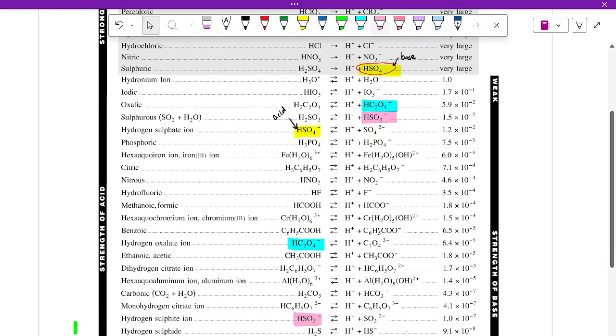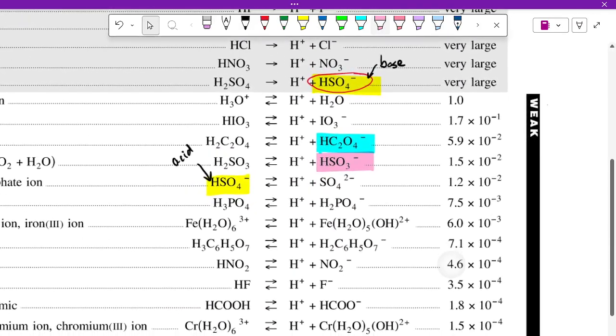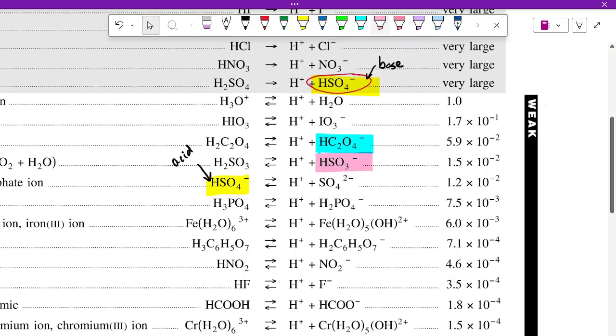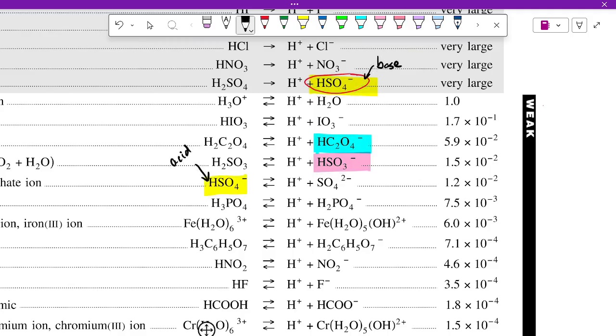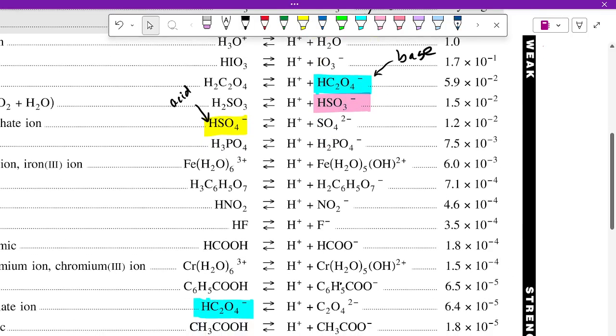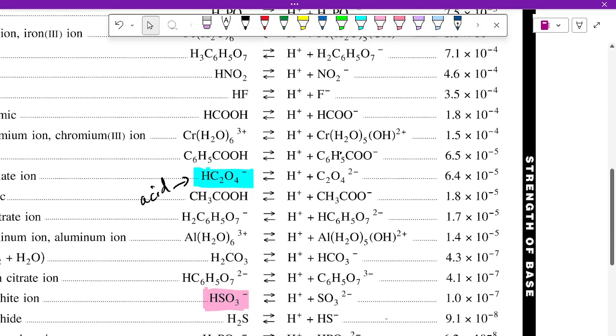So we've got HSO4, base form, acid form. We've got our HC2O4, base form, acid form. We've got HSO3 acting as a base, and acting as an acid.